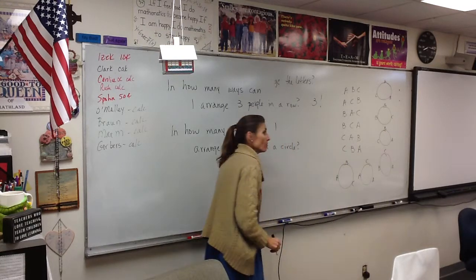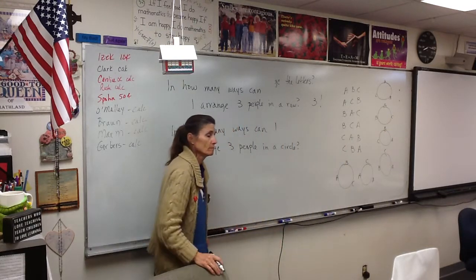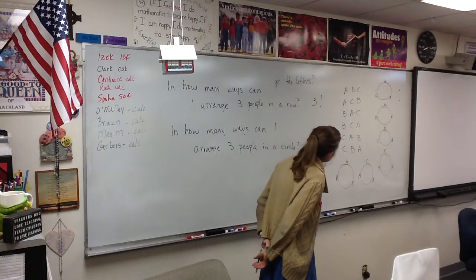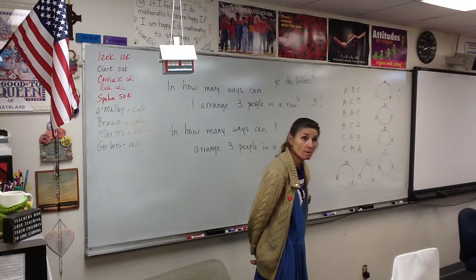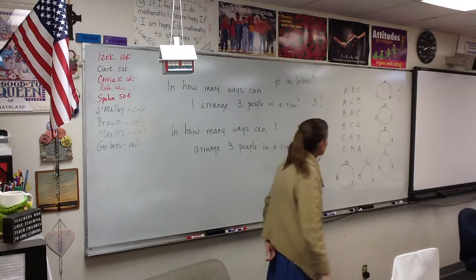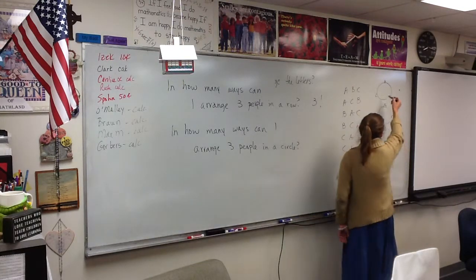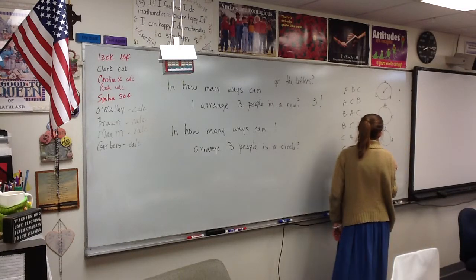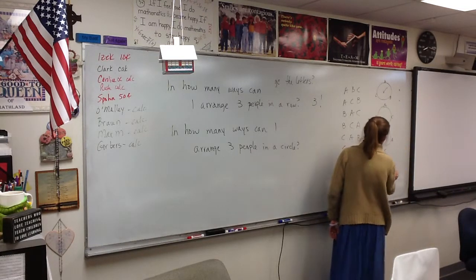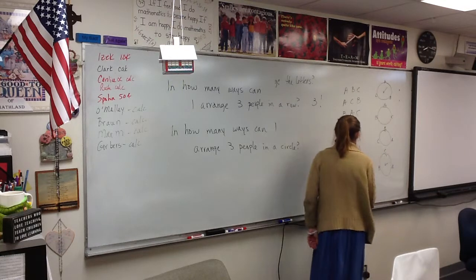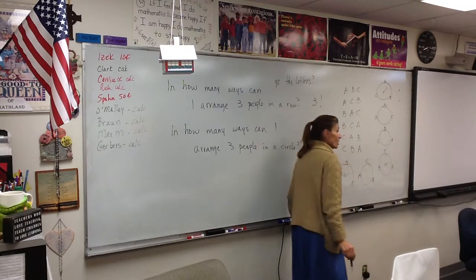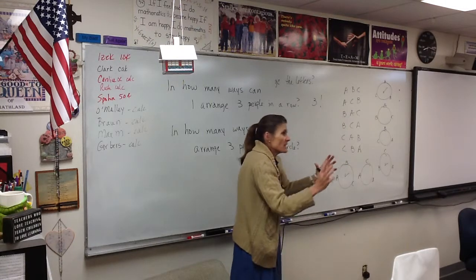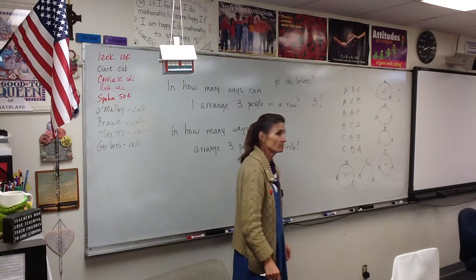All right, so there they are arranged in a circle. Do you notice anything about those? Just rotated. Oh, some of them are just rotated. For example, if you look at this one right here, and then come down here and look at this one, and then come over here and look at this one, what do you notice about those 3 tables of people?